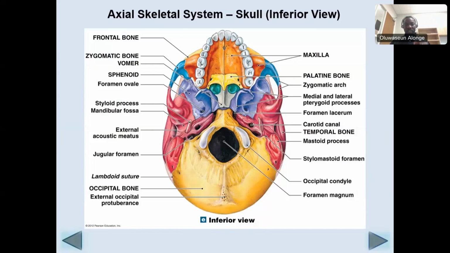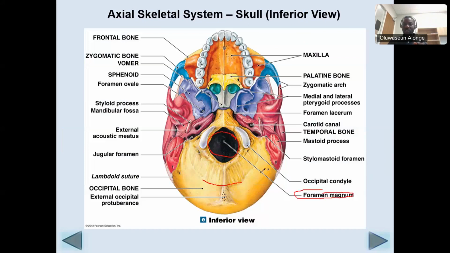Okay, I've discussed this. I'll come back here to talk about it now. Before I go, you see I couldn't see this on the other slide because it was a lateral view and a superior view. Now this is an inferior view of your skull. This is the occipital bone, and when you're looking at the occipital, here is what we call the foramen magnum.